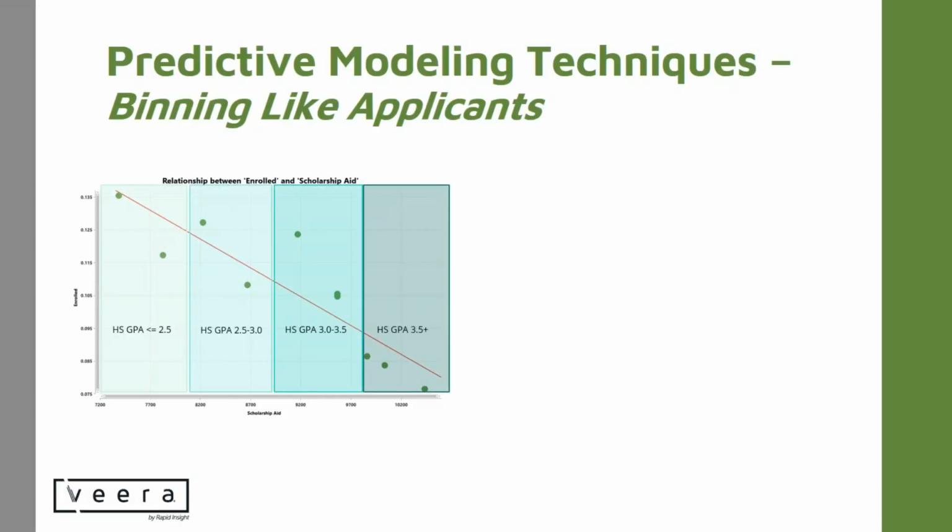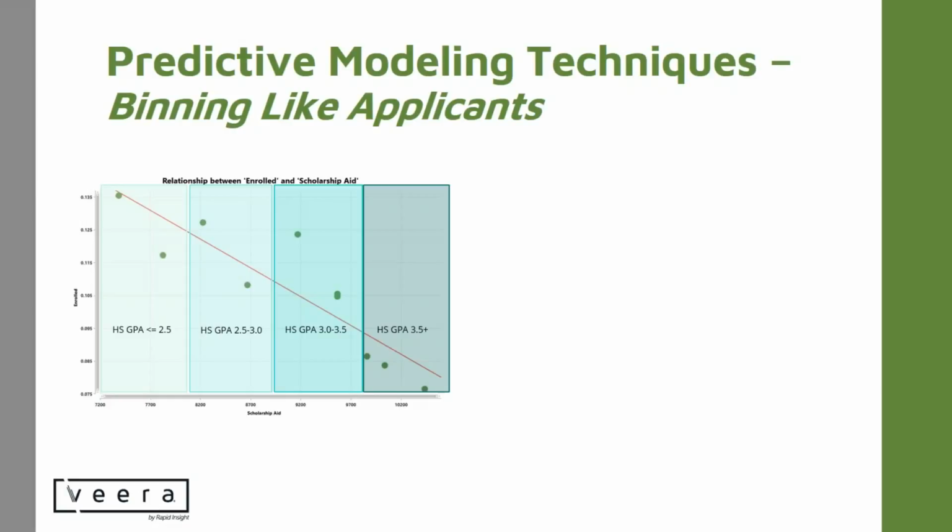It's correlated negatively here, but it's not causing that decrease in enrollment. Instead, there are other aspects at play, and in this case, it could be their high school GPA. Those getting $10,000+ in offers are those that have a 3.5 or higher, and so those are the students that maybe have 10 offers from institutions that we're competing with.